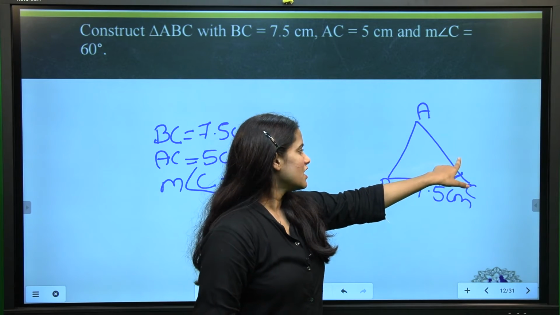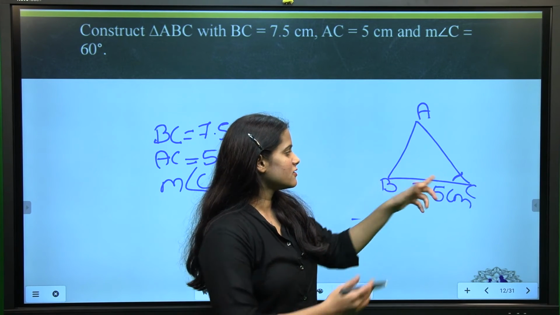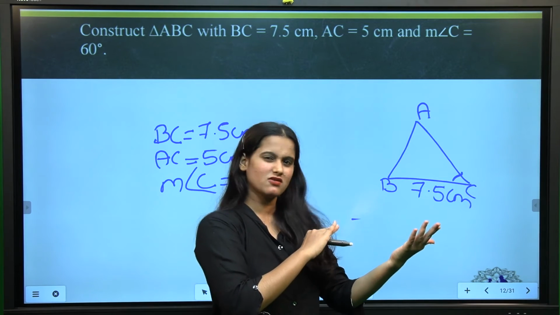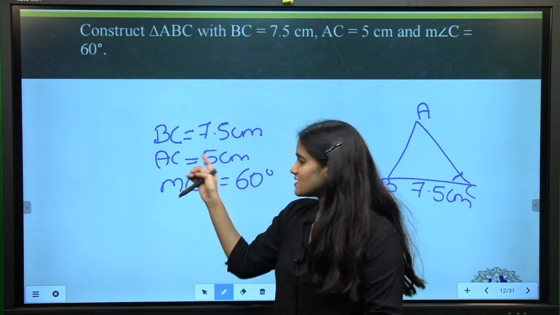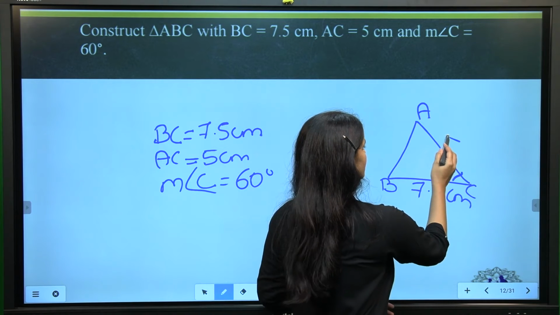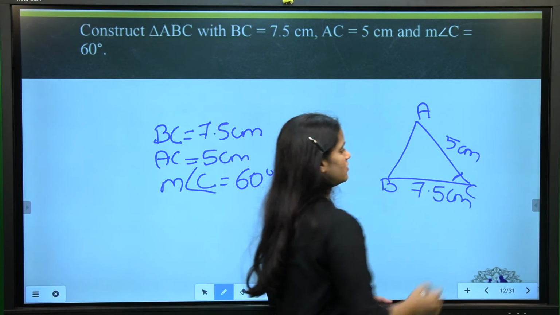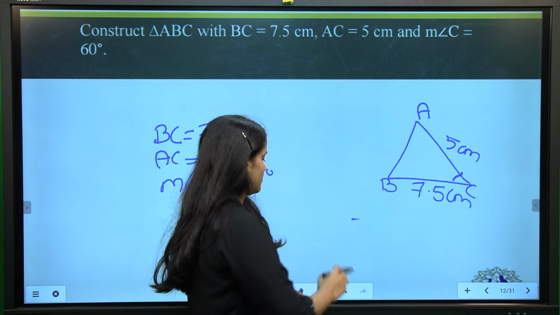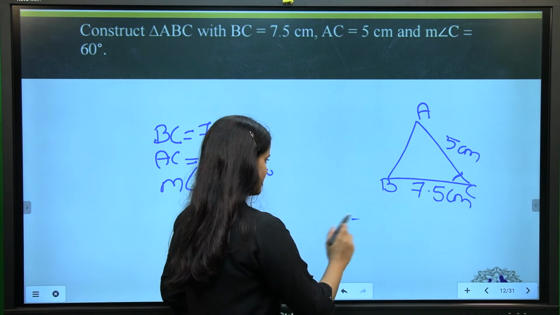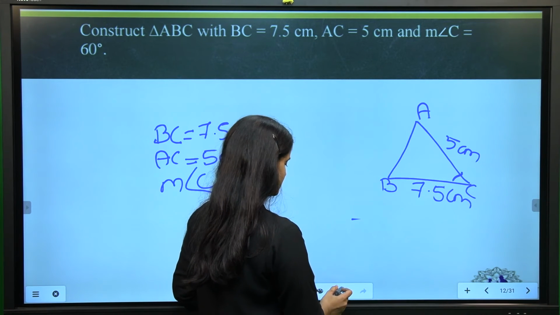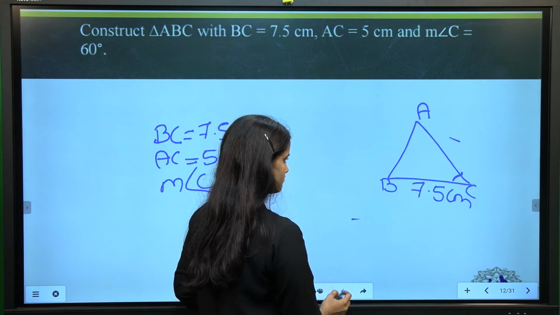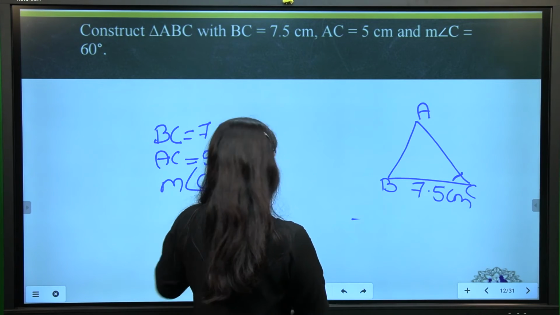That's why what I will do, you can also draw like this, or you can also take C here also. That's also fine. And AC is 5 centimeter. Okay. Or else you can also draw like this.